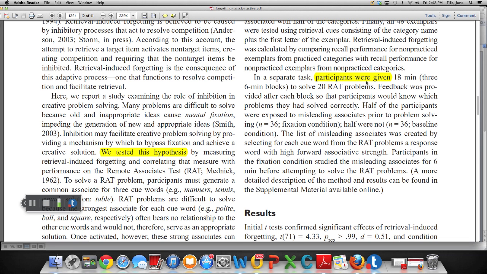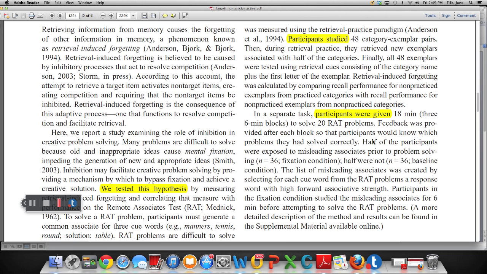The participants weren't the ones doing the giving. In this case, it's the researchers. But they don't need to say participants were given 18 minutes to solve 20 RAT problems by us or by the researchers, because in their method section, it's clear that they are the ones who were doing all these things to set up what the participants needed to do.